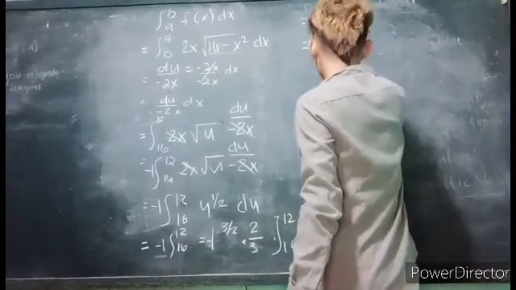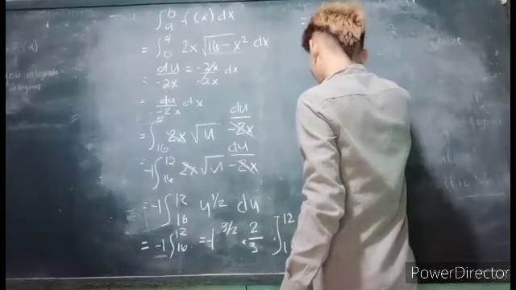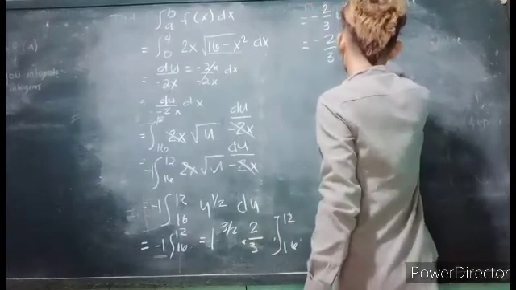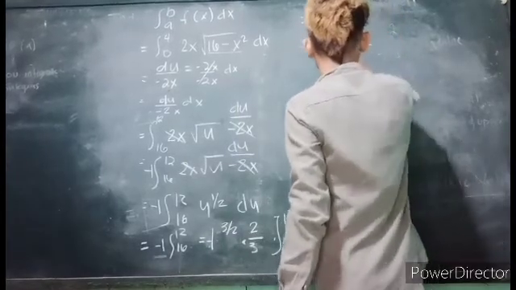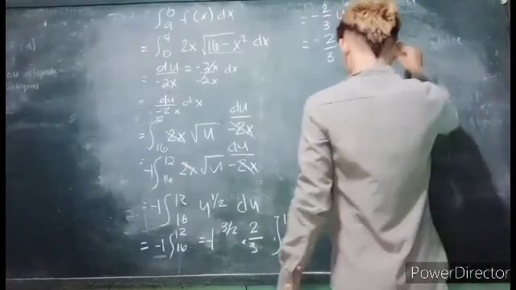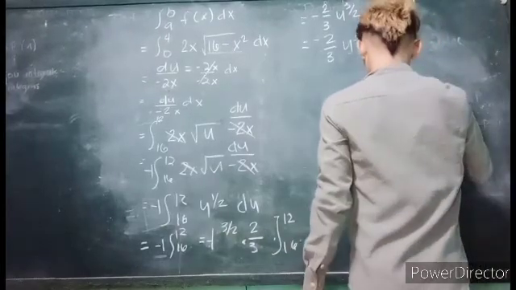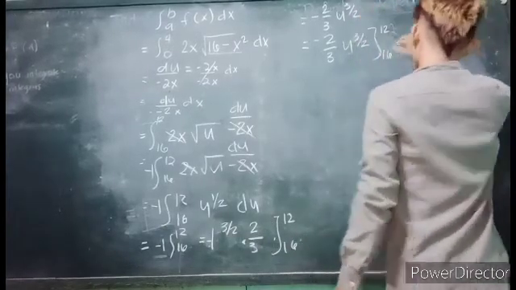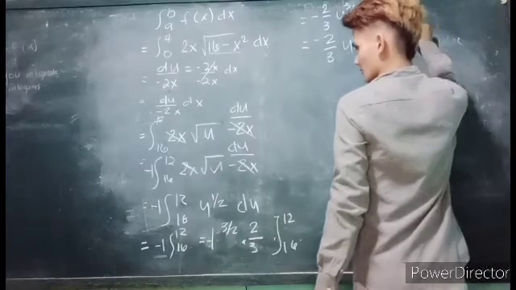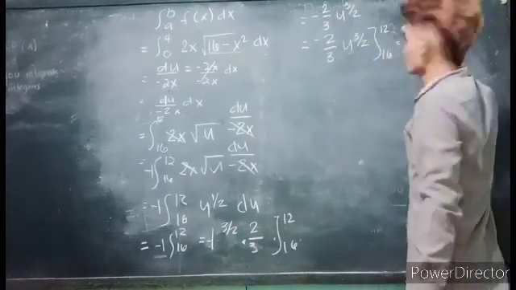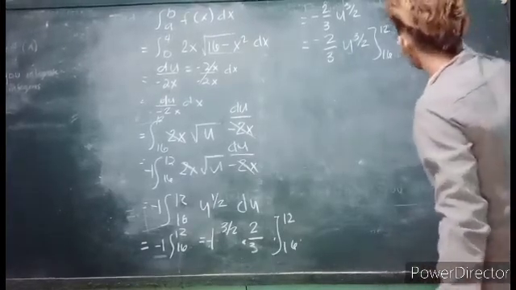Negative 2 over 3 u raised to 3 halves, from 12 to 16, equals, copy negative 2/3.